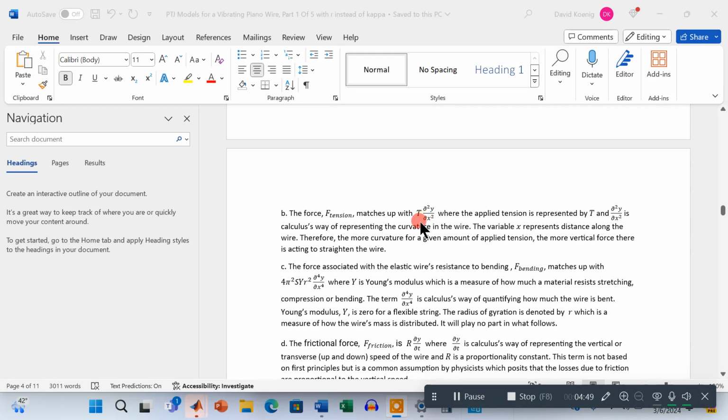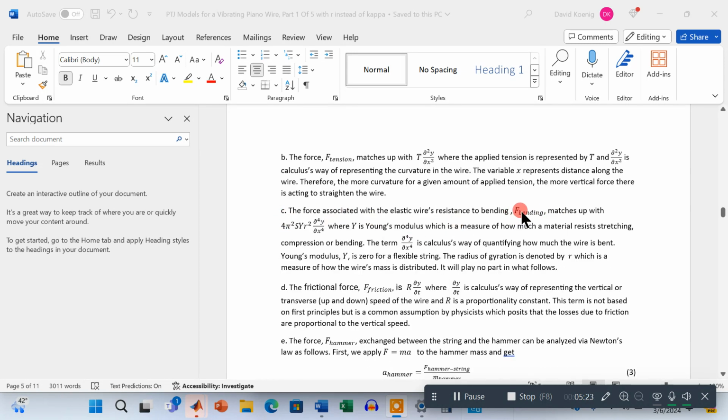This term is the force term because of the tension in the string, and it's tension T times the second partial of y with respect to x. y is the vertical displacement, x is the distance along the string. And this tension in the string is T, and this second partial of y with respect to x represents the curvature in the wire.